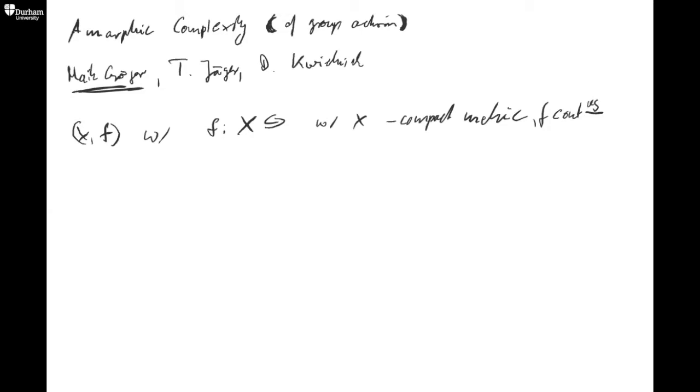Of course, when you speak about group actions, F would have to be a homeomorphism at least, and in general, a topological dynamical system is a continuous group action of a topological group on a compact metric space. But for most of this talk, this is the setting that we will consider.